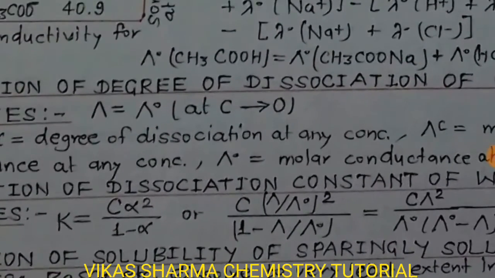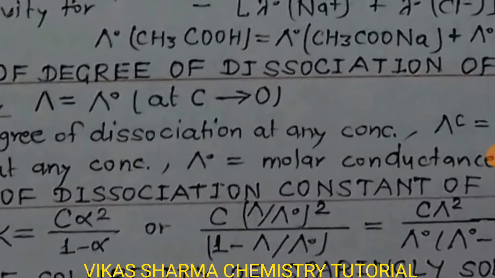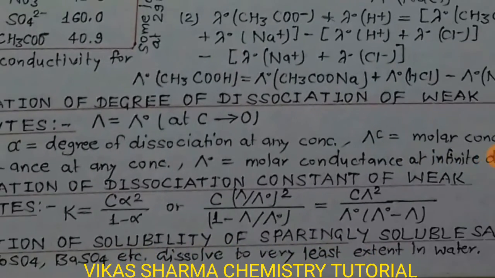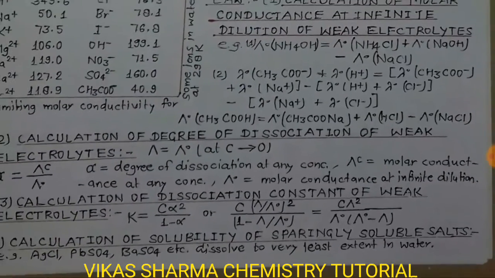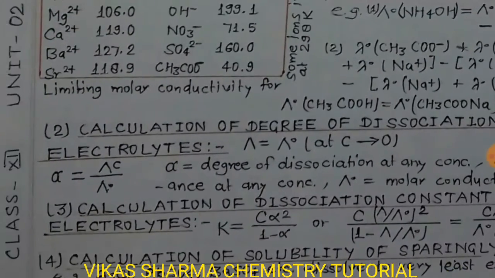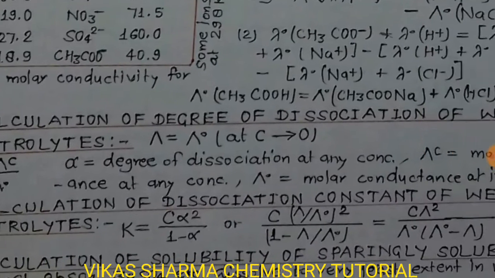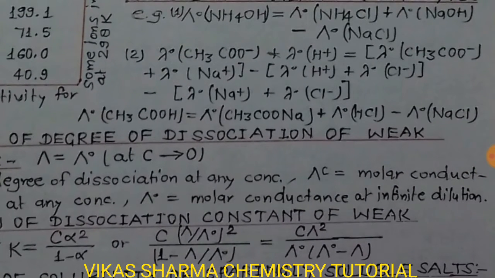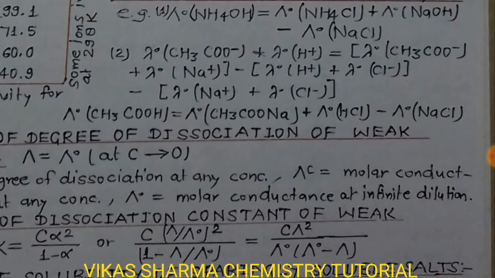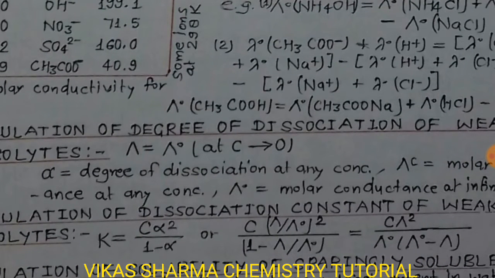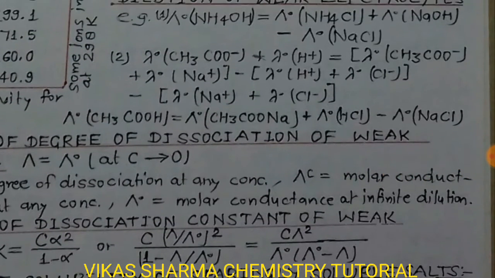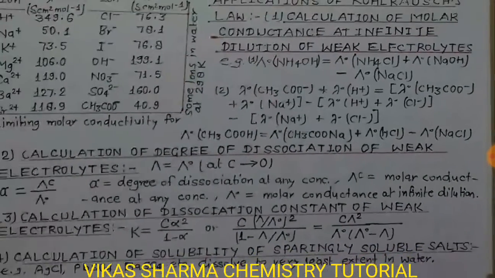So the molar conductance, when C approaches 0, is at infinite dilution. The degree of dissociation alpha is equal to lambda C divided by lambda naught, where alpha is the degree of dissociation at any concentration. Lambda C is the molar conductance at any concentration, which is given in the numerical, and lambda naught is the molar conductance at infinite dilution.